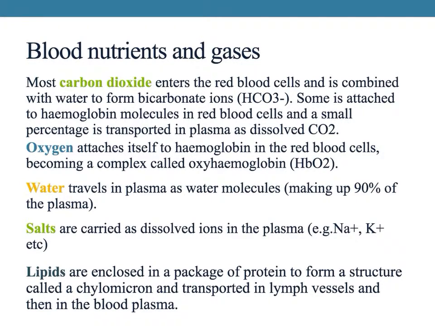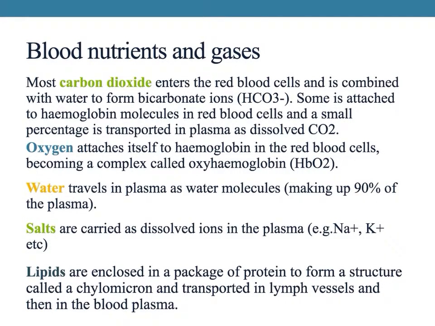So in terms of this dot point, the most complicated gas in terms of transport is carbon dioxide, because there's three different ways it can be transported. Bicarbonate ions, binding to hemoglobin, and a small amount is dissolved into the plasma.